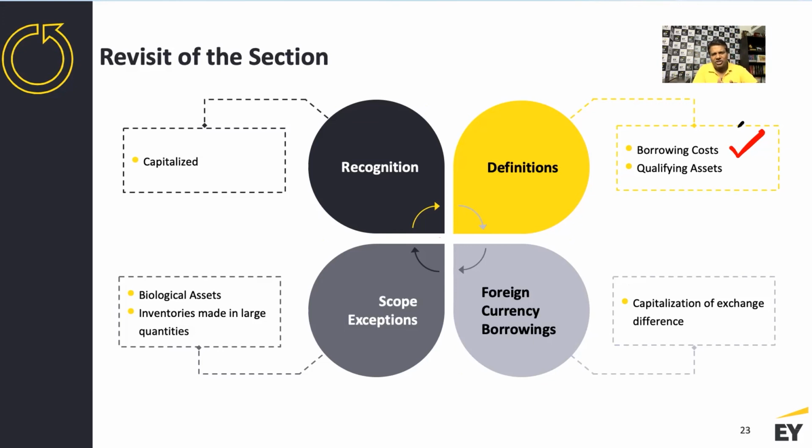Now, if the exchange loss which I've incurred in one period gets reversed in the subsequent period, then that is also required to be reversed from the interest which was previously considered.